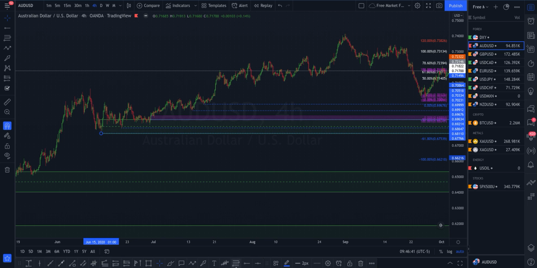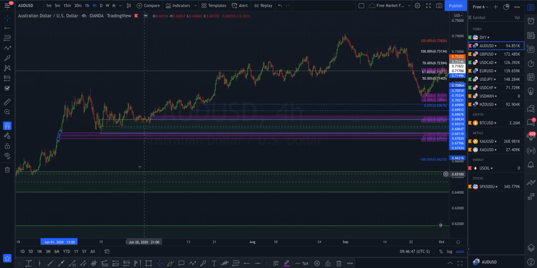I see imbalance that is still open here. Now, who's to say that it's going to go down this far? No one, but this will be a heck of a swing trade. Am I right? So we have imbalance here that I'm noticing.